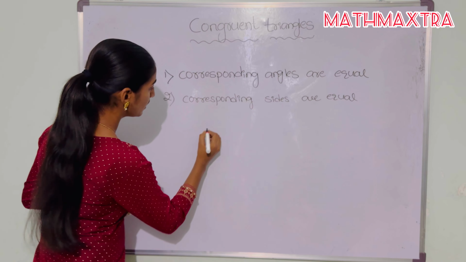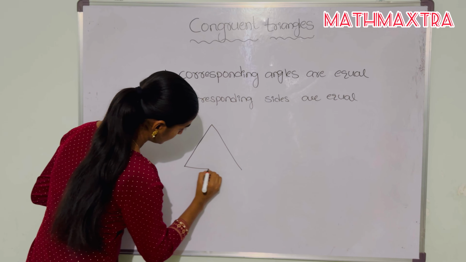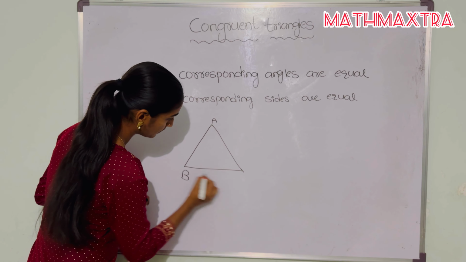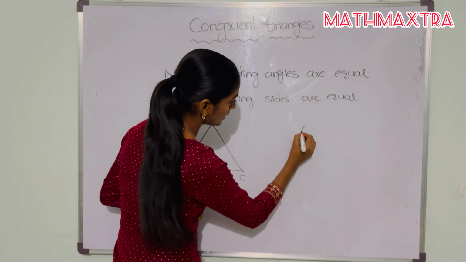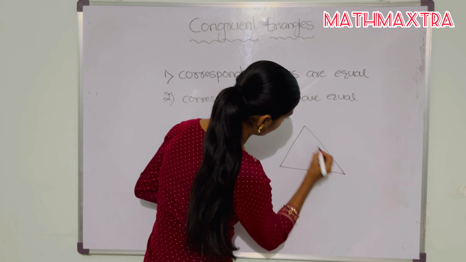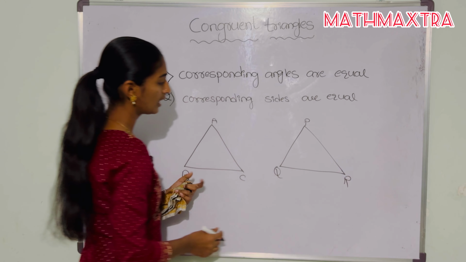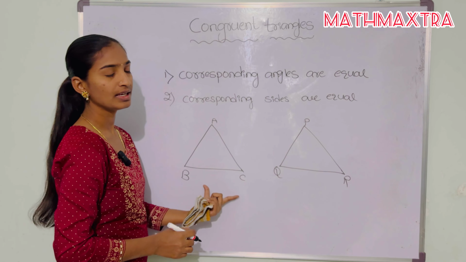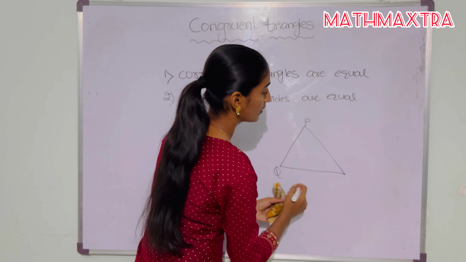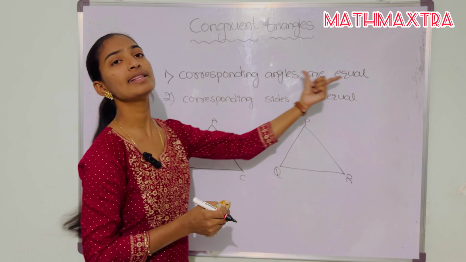Now see, these are the two triangles. One is triangle ABC and this is triangle PQR. When we say triangle ABC is congruent to triangle PQR, it means the corresponding angles are equal.